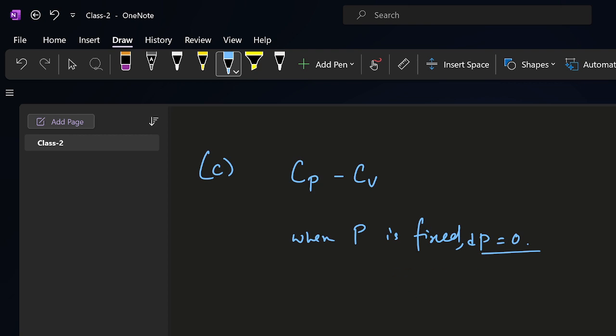So in this case, if dP is 0, then we know that dQ can be simply written as only Cp dT. There will be no further term. Okay. But also dQ can be written as Cv dT plus P dV. This is just the first law, dQ equal to dU plus dW. Because when pressure is fixed, then the entire dQ is Cp dT.